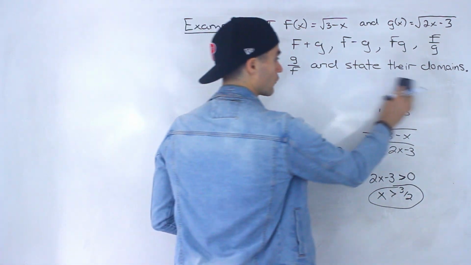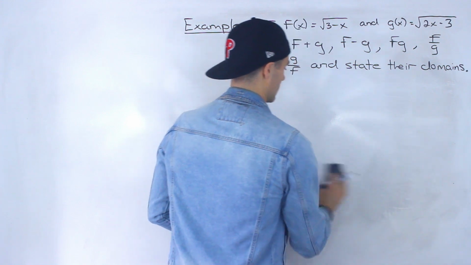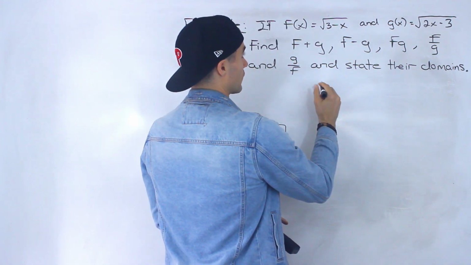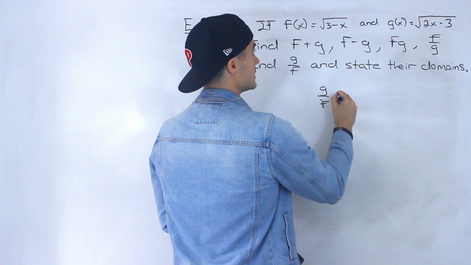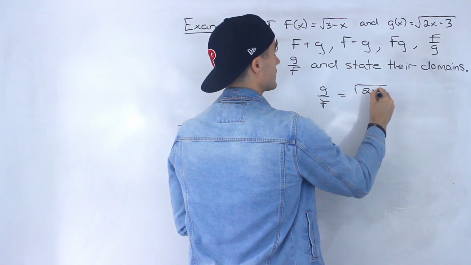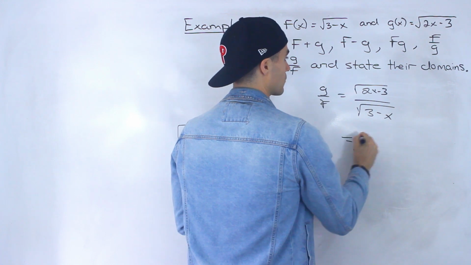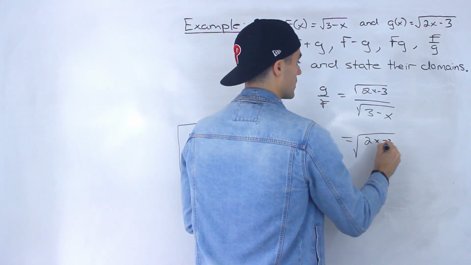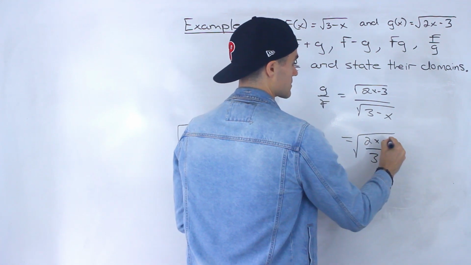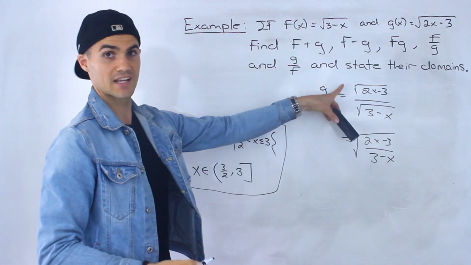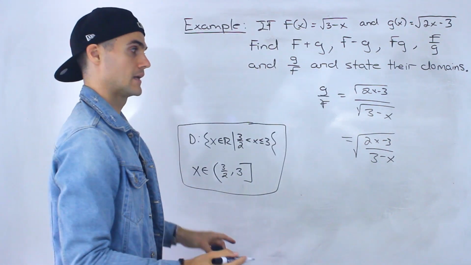Now, what about g over f? G over f is going to be the square root of 2x minus 3 over the square root of 3 minus x, which we can rewrite as the square root of 2x minus 3 over 3 minus x. So it can be presented this way or that way.